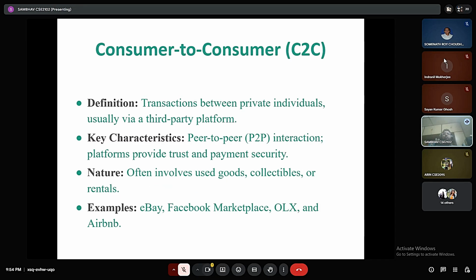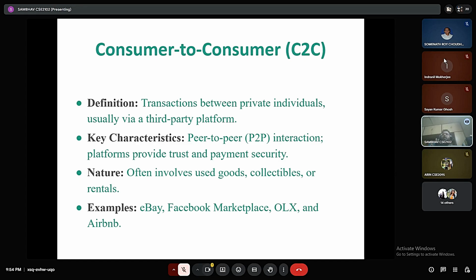There's another model which is consumer to consumer, or C2C. In this type of model, the transaction is done between two private individuals via a third party platform. For example, I have a used computer which I need to sell.